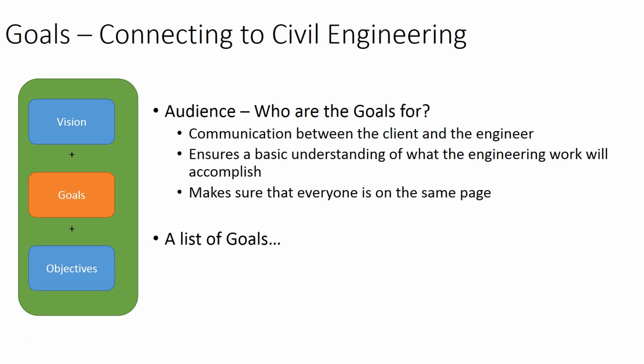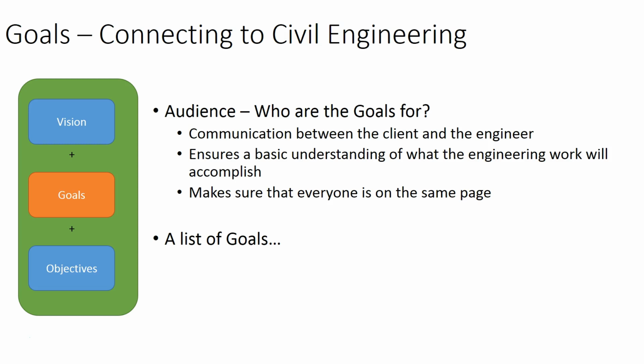And so you're really trying to ensure a fundamental or basic understanding of what this engineering work that you're setting out to do is going to accomplish at the end. And your list of goals has to make sure that everyone is on the same page about what the project is going to deliver when everything is completed.